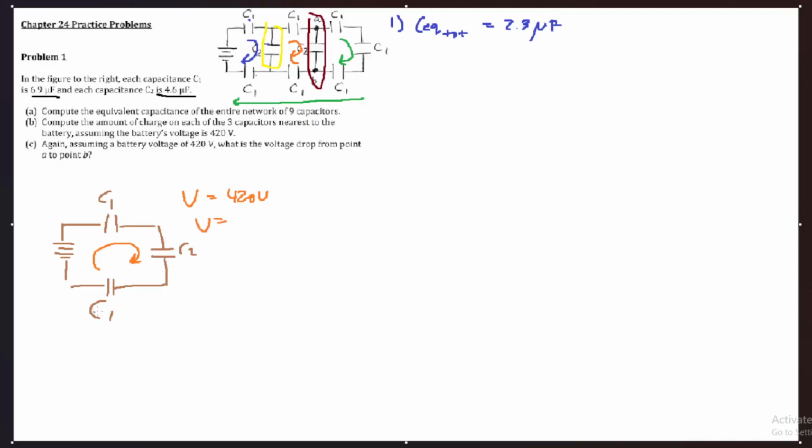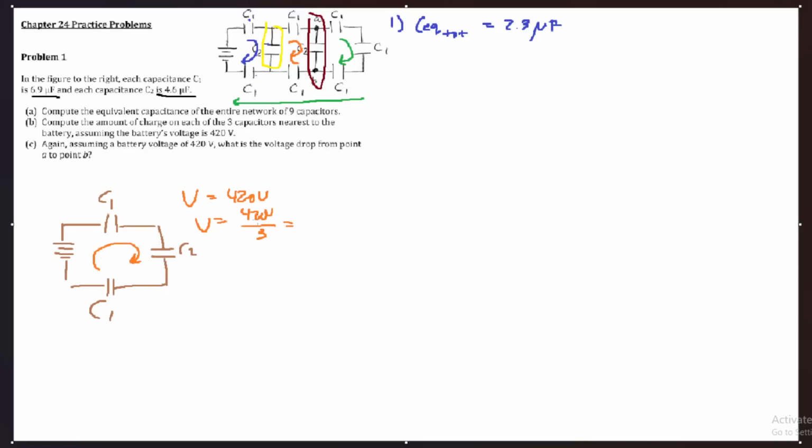Since it's in a series, they all have the same charge, and in a series, the charge is all the same. So we'll say that 420 volts is split into three, 420 volts divided by 3. So this is the voltage running through each capacitor in this series.